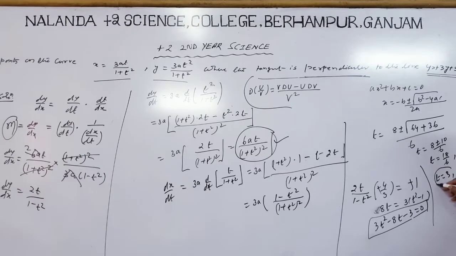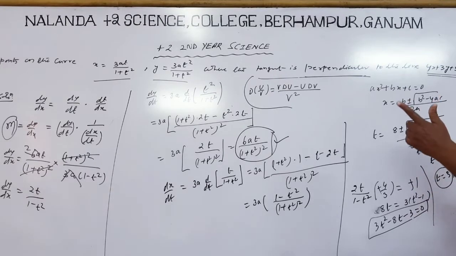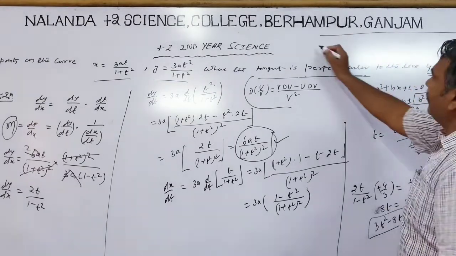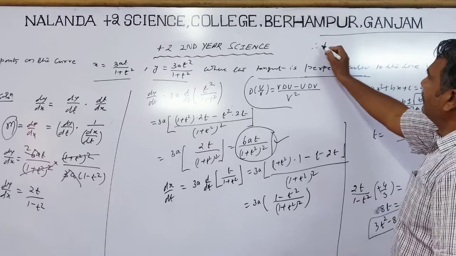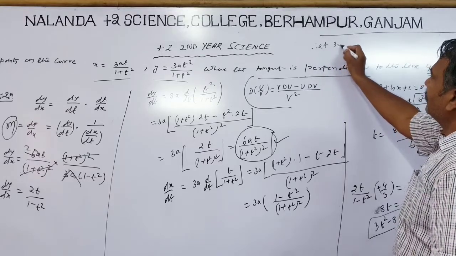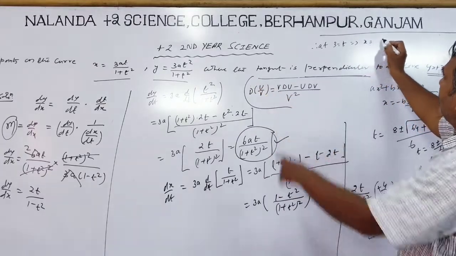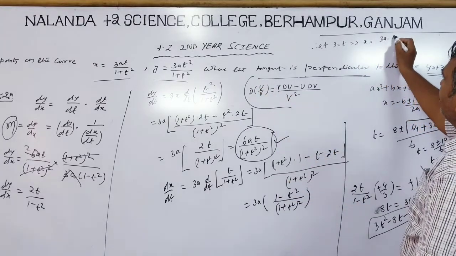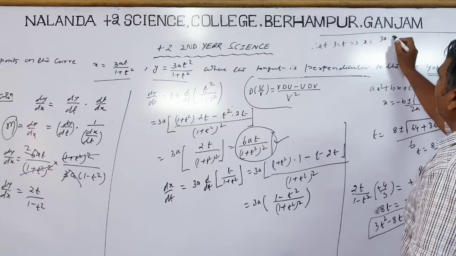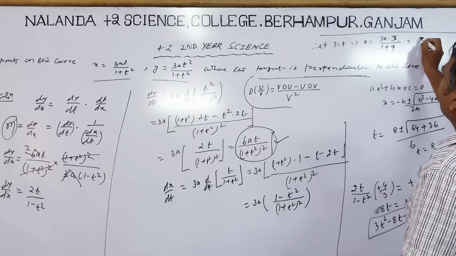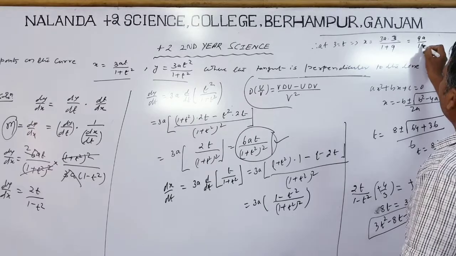Now at t equal to 3, what are we going to find out? Therefore, at t equal to 3, substituting t equal to 3, x equals 3a into 3 by 1 plus 9, so 9a by 10.